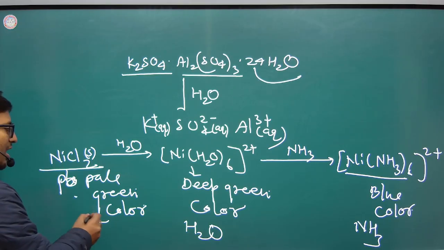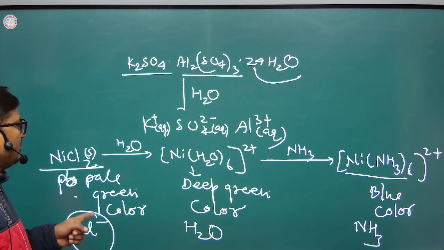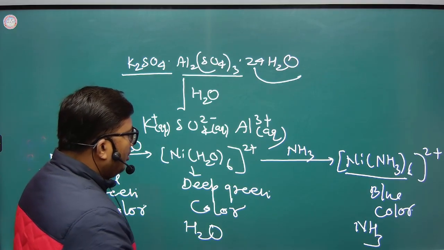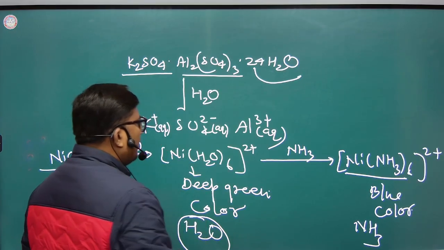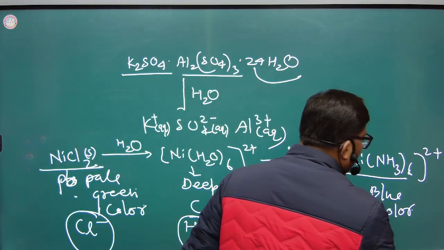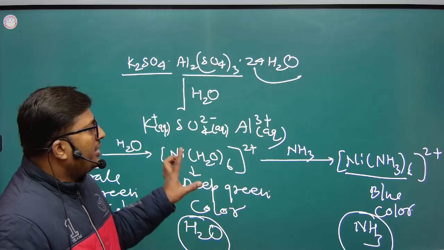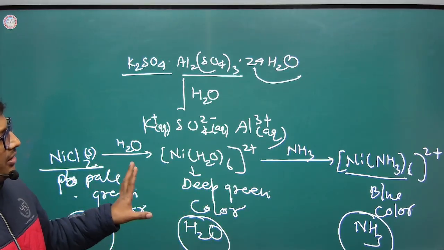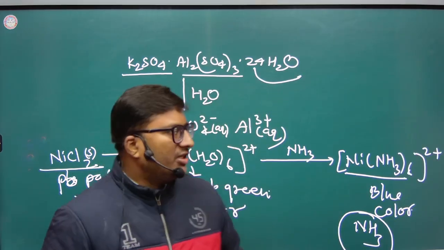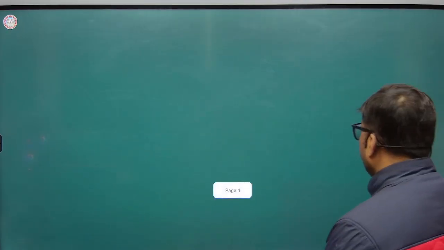Chloride ion has little capacity to change the color of nickel, the H2O molecule changes the color slightly, and the ammonia molecule completely changes the color of the nickel in the complex. So complex compounds have different colors, and that is why they are used in different applications in nature.